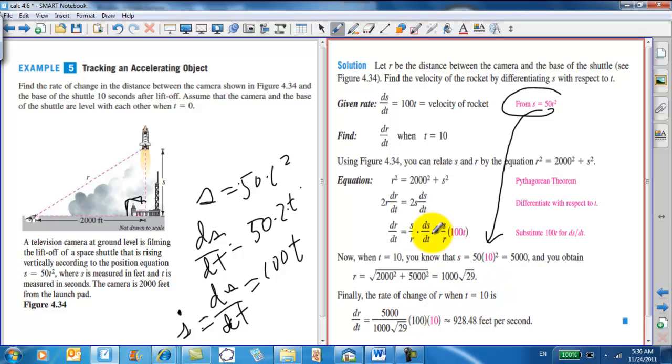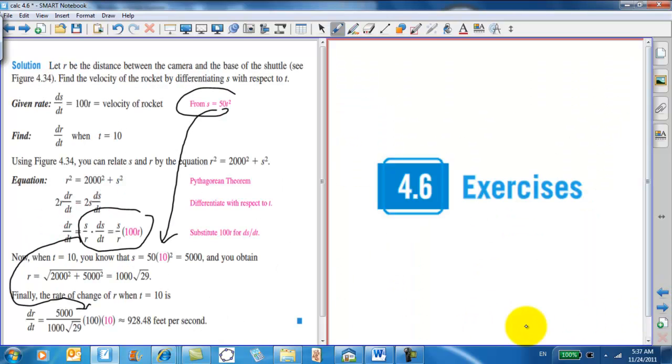So we've got s, which is 5,000, r, which is 1,000 times the square root of 29, and ds/dt when t equals 10. There's the 100 from this equation, and then the time is 10. And you get 928.48 feet per second.